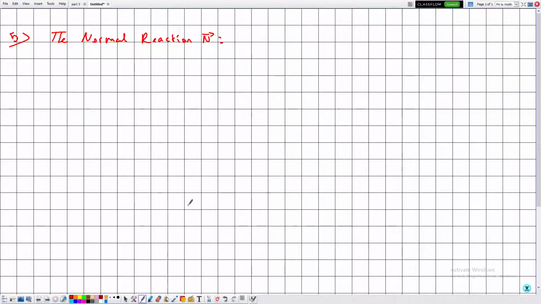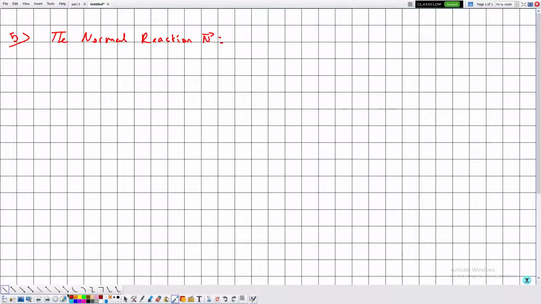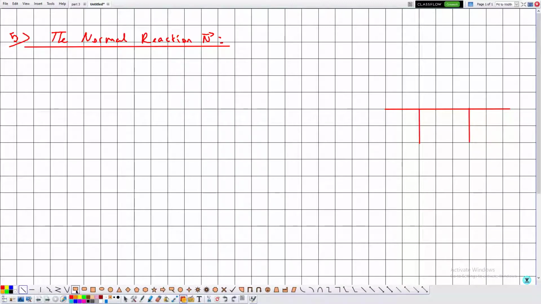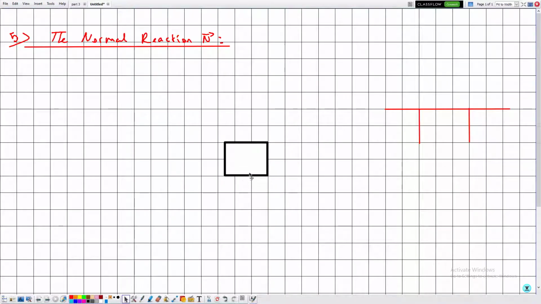To do so, let me consider the following problem in which we have a table, and on this table we will place a solid S, let's say for example having the shape of a cube, and for sure this solid has a mass. So this is the solid S and this is the table.